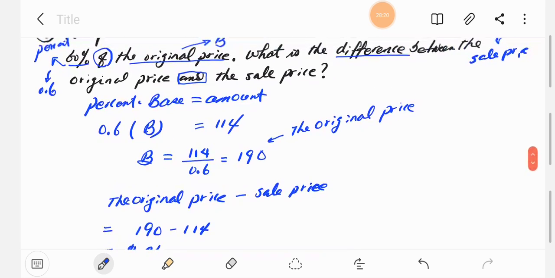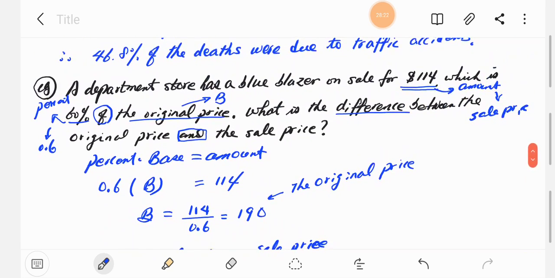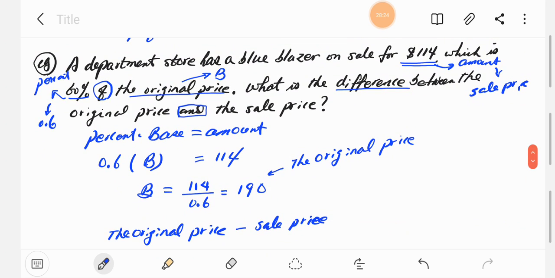So can you see how we handled this? Read it carefully, and then write an equation. First of all, we used PBA, because 114 is 60% of the original.